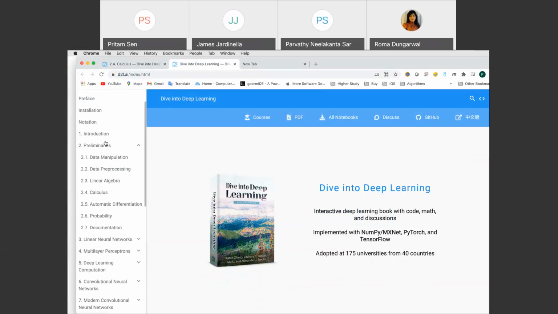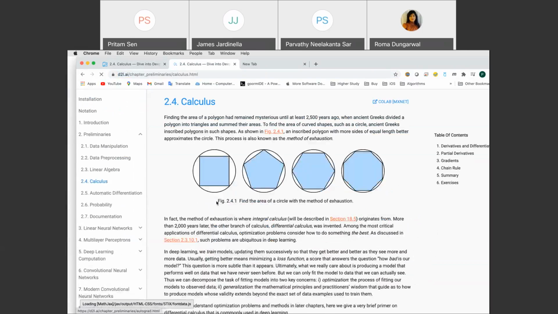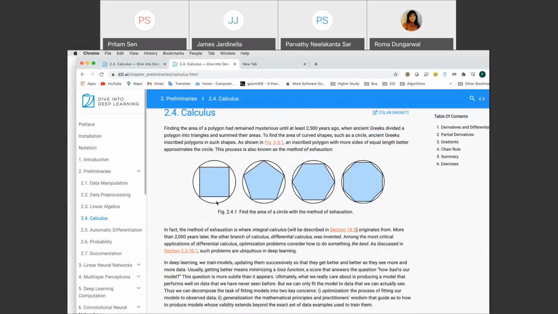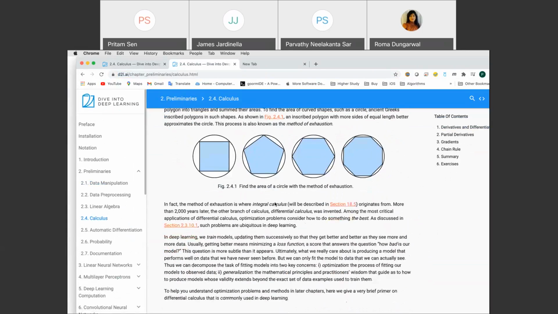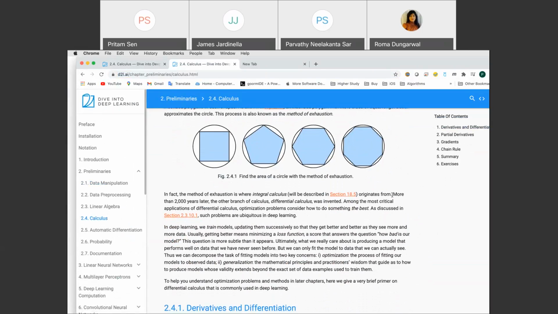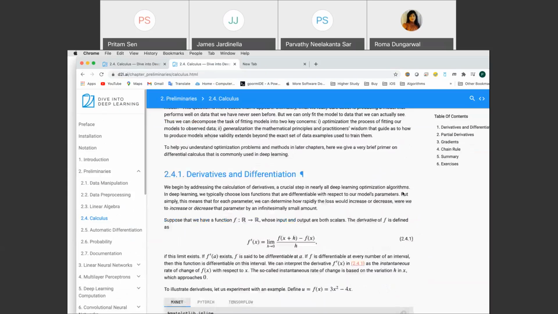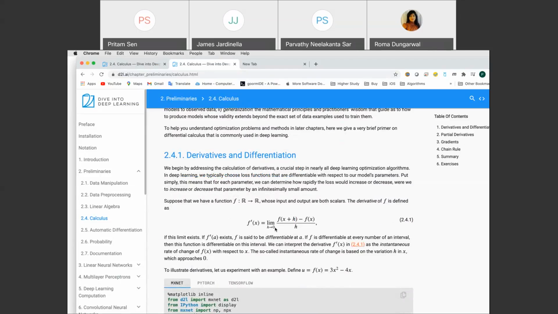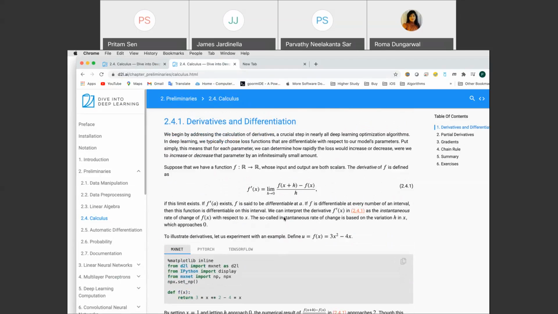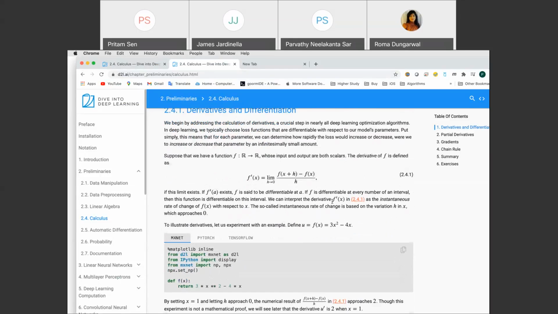In the preliminary section, calculus. I skipped some parts. These give some examples on integral and differential calculus to calculate the sum of some shapes, the area of some shapes, and we already showed the rules with the differentiation derivatives.